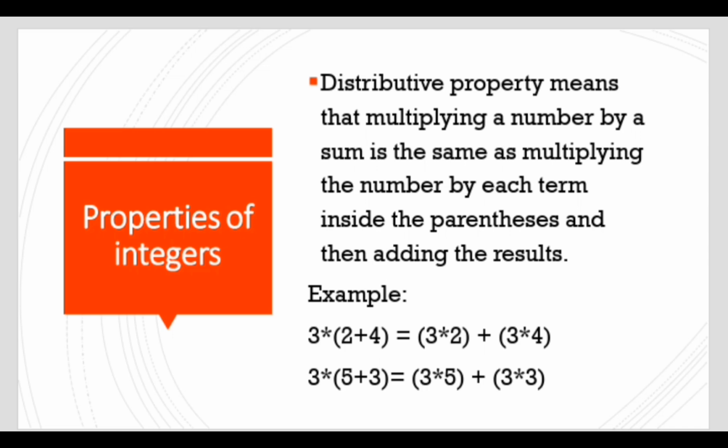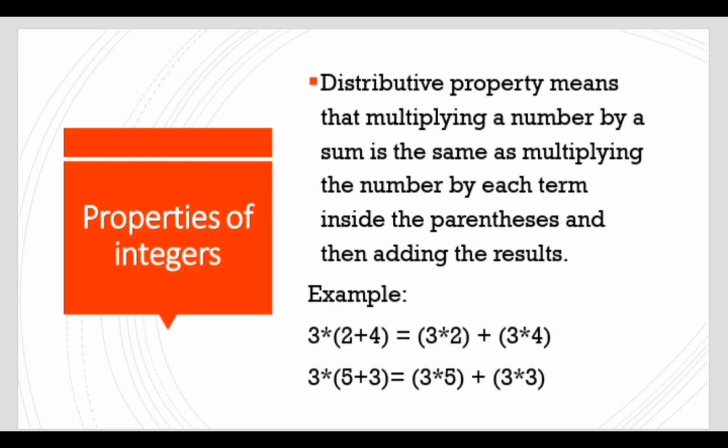This is very simple. Almost all of us have come across this kind of thing, whereby 3 times bracket open 2 plus 4, by splitting everything, gives you 3 times 2 plus 3 times 4. That is what is called the distributive property.